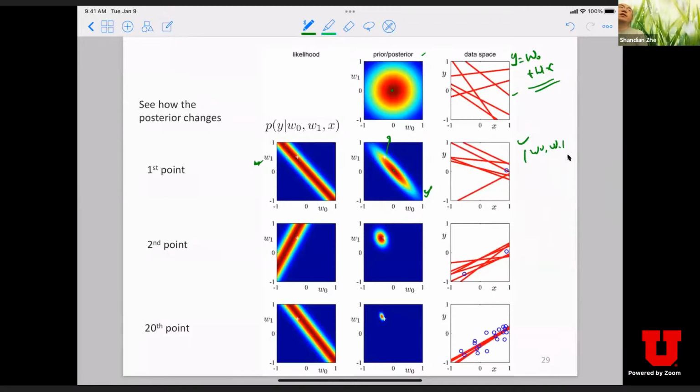Ideally, we would expect that when W0 and W1 are at the ground truth, you get maximum likelihood, but it's not true. The reason is that the data has some noise, and you won't be guaranteed to get the maximum.